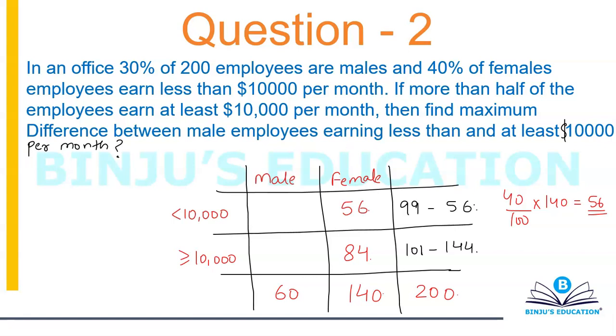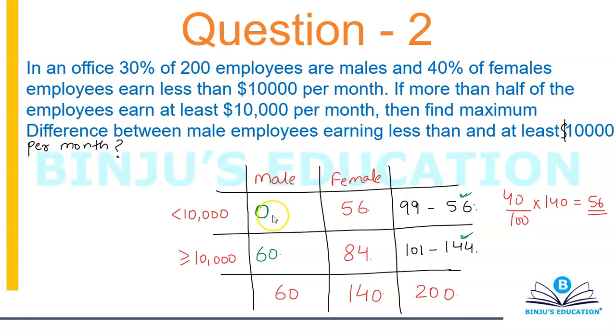So let's first make male at least 10,000 maximum. It will be 144 minus 84, that's 60. So if I want to take this 144, this has to be 56, so this will automatically become 0, which will be the minimum possible value.